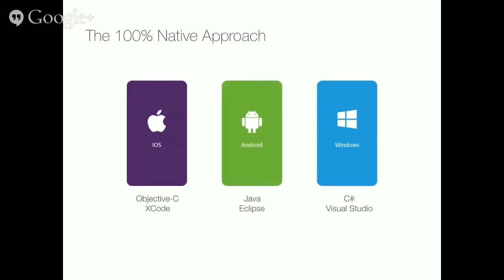Huge. Since most of our business logic is shared, roughly about 70%. It could be 70, it could be 80, 90, especially in Xamarin. Some other problems with this are being familiar with all the different languages. You have to have a team that's versed in all these different languages, and having experience with the different IDEs.